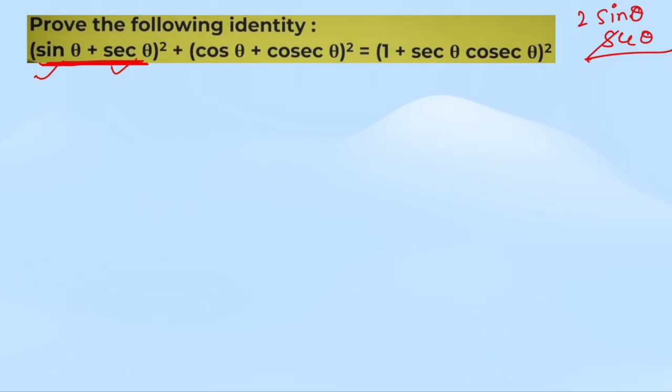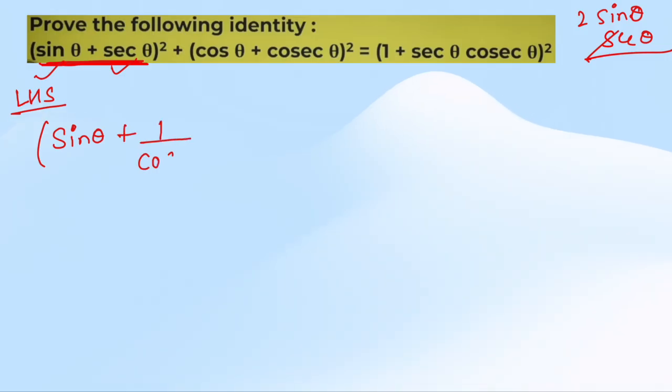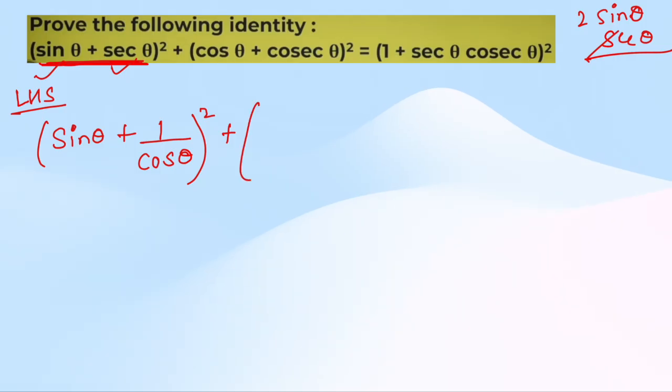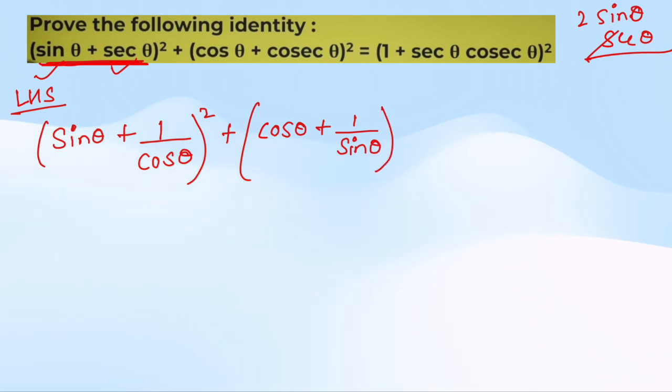Let's convert. So LHS will become sine theta will remain the same. Sec theta can be written as 1 by cos theta, the whole square. The second term will be cos theta plus 1 by sine theta, the whole square, right? Now open the whole square by a plus b the whole square.